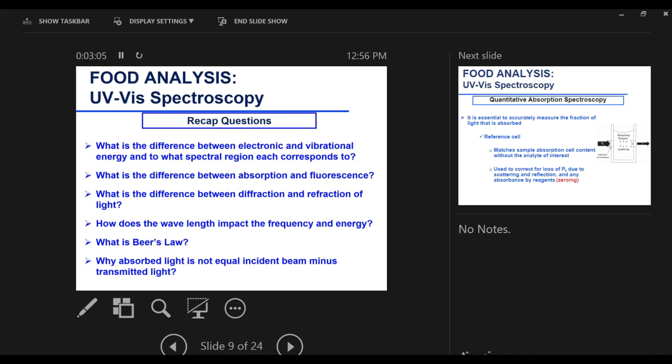Okay, what's the difference between diffraction and refraction of light? Brigitte? Sorry, I just went with something else. So you know refraction then? Yeah, refraction is when light came through, but then it didn't reflect, and it just kind of bent. Yeah, it changes the angle at which it hit a different medium.